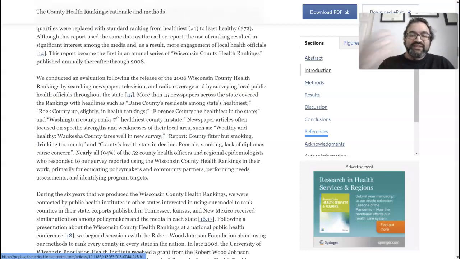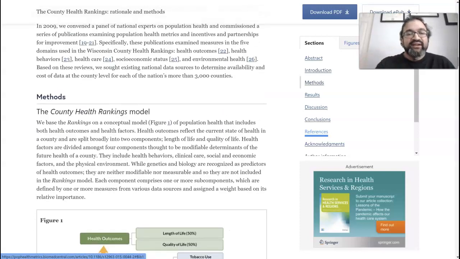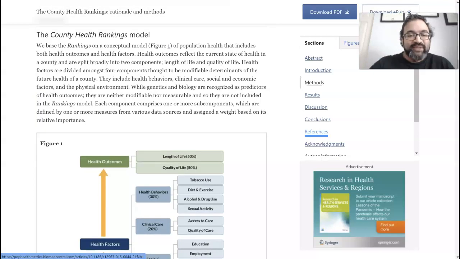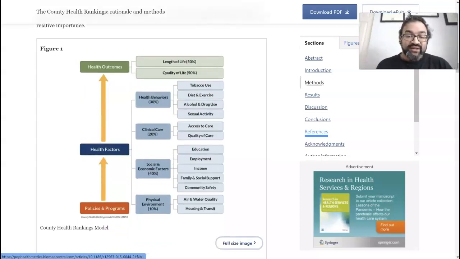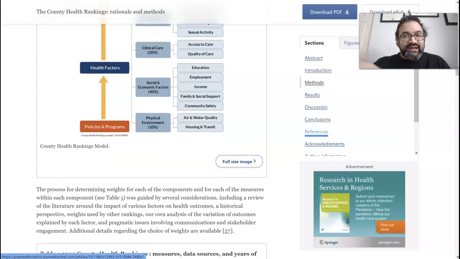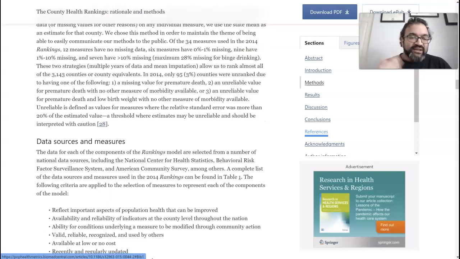This then developed from Wisconsin, additional methodologies were created to expand it, and it has now gone into an annual form where multiple agencies get together and determine this.